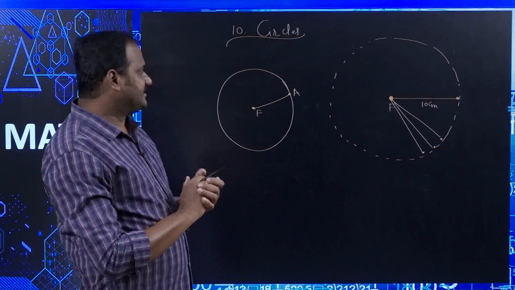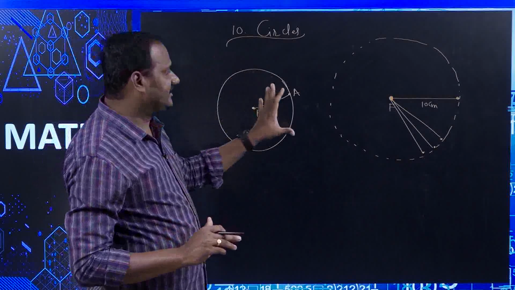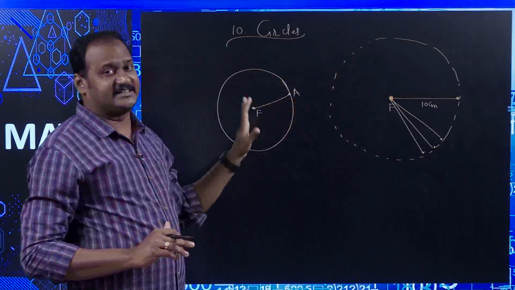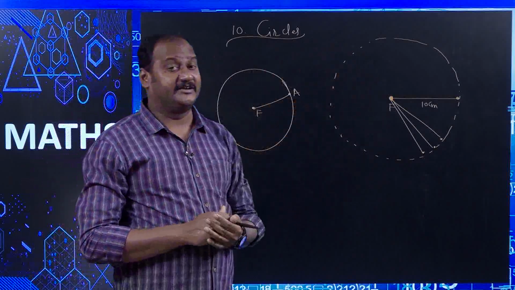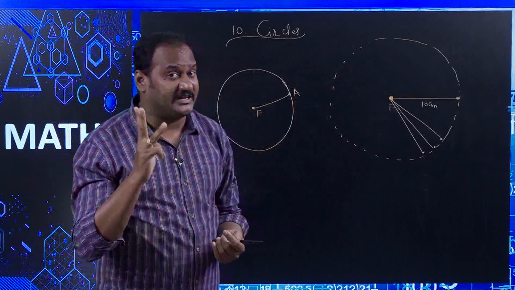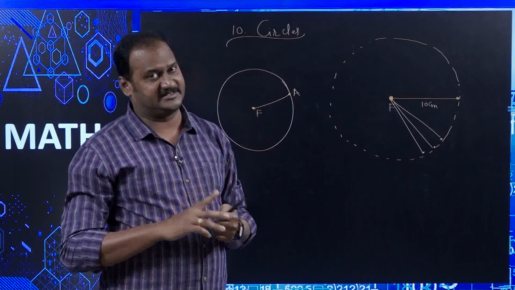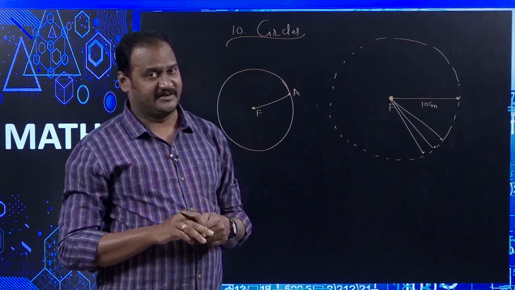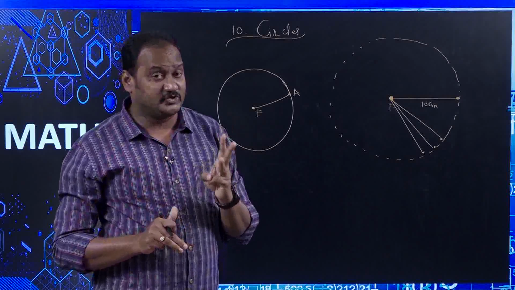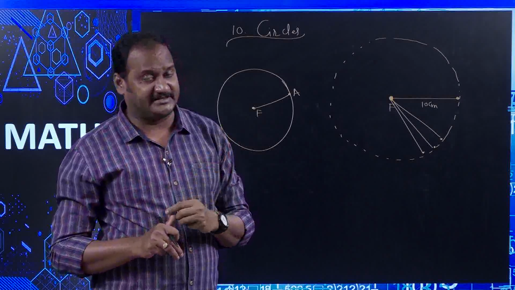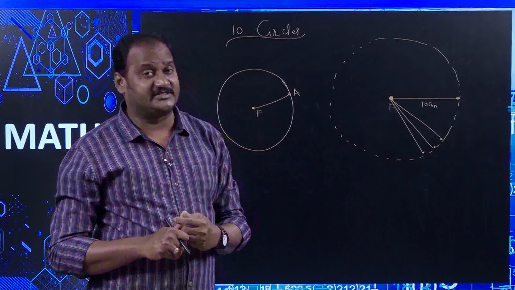If you draw a circle in a plane, then the circle divides the plane into 3 mutually disjoint sets of points. Did you understand? What are those 3 sets?